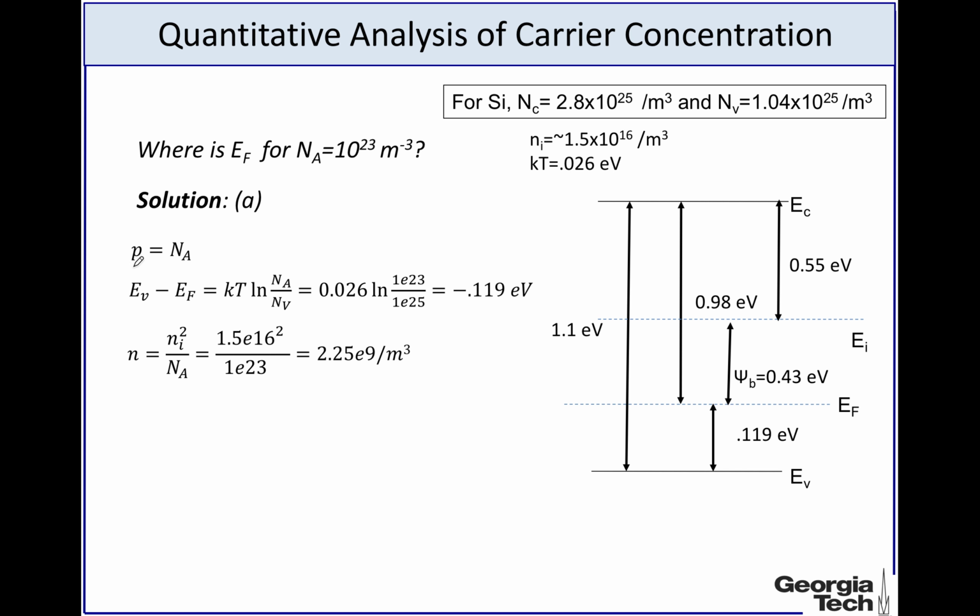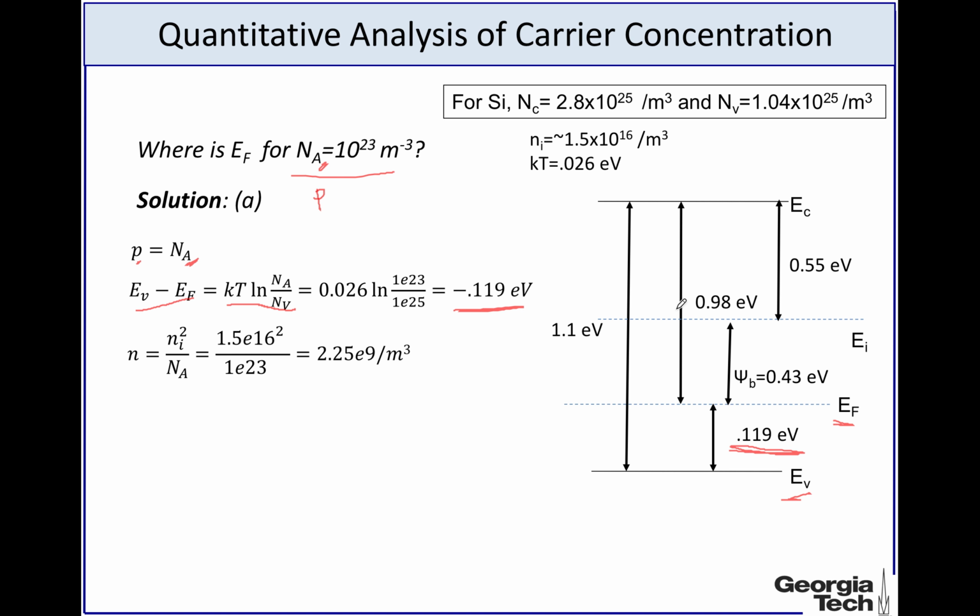Alright, so the material is p-type, because it's doped with acceptors, so the hole density will be equal to Na. Based on the relationship we have seen in the class, Ef minus Ev is equal to kT ln Na over Nv, and then you would get this number here. So basically Ev minus Ef is 0.119.